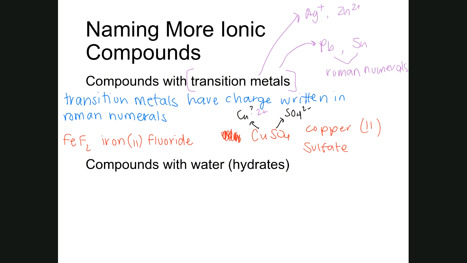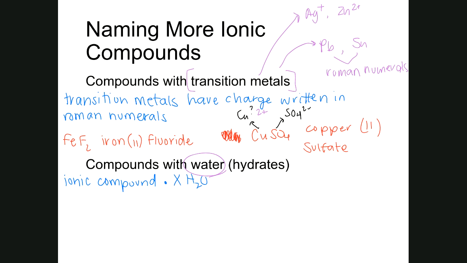Our last type of compound that has an ionic bond in it is called a hydrate. This is simply an ionic compound that also contains water. The way that this is going to be written out is some ionic compound, and then there will be a dot, some number, which I'm going to call X, and then water, which is H2O.